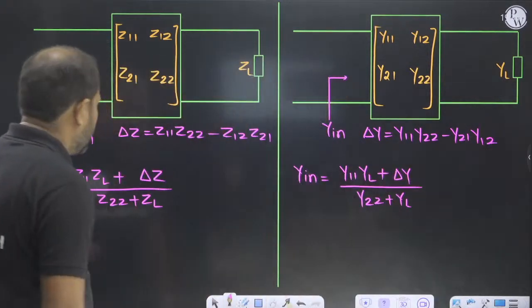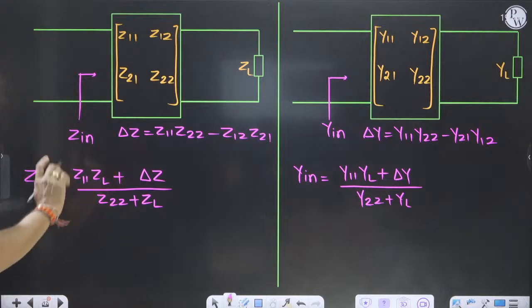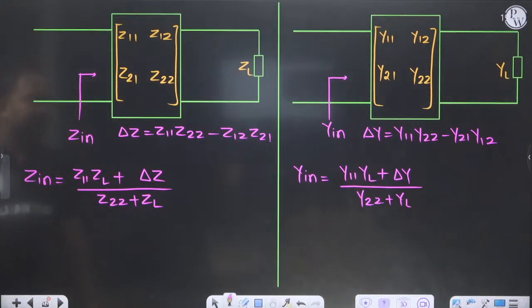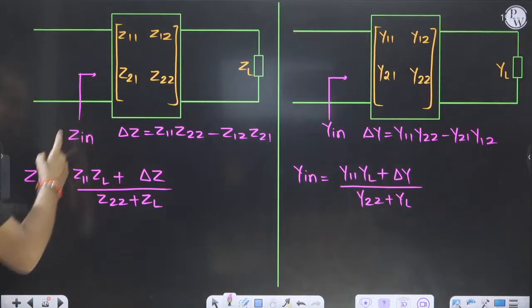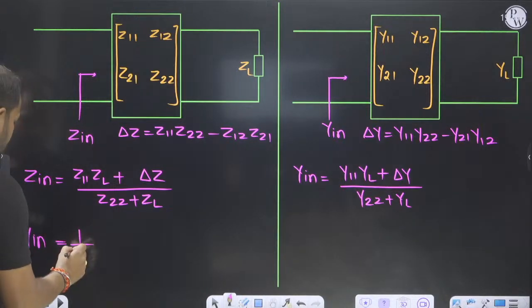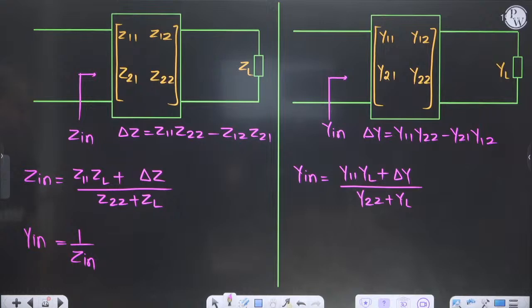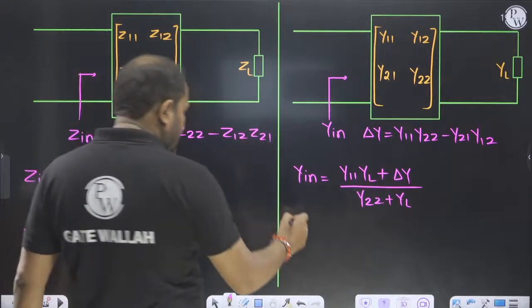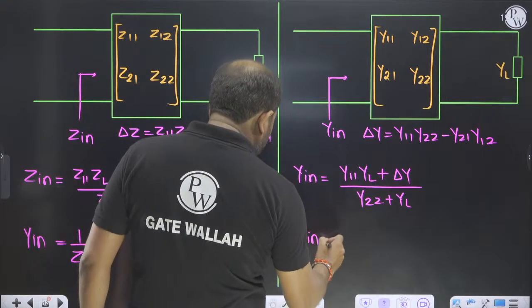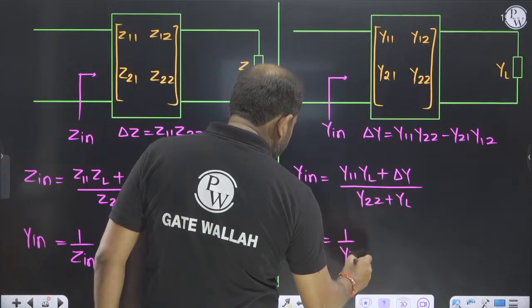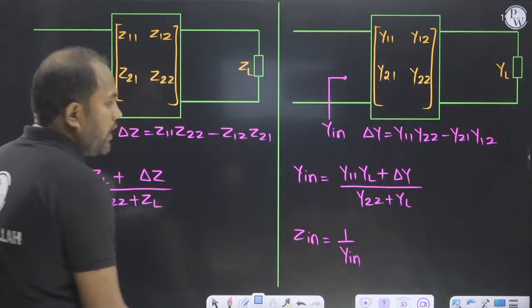So Zin we have calculated, Yin we have calculated. Then what is Yin in case of this? You will calculate 1 by Zin. What is Zin in case of this? Zin will be 1 by Yin. So you have to understand that.